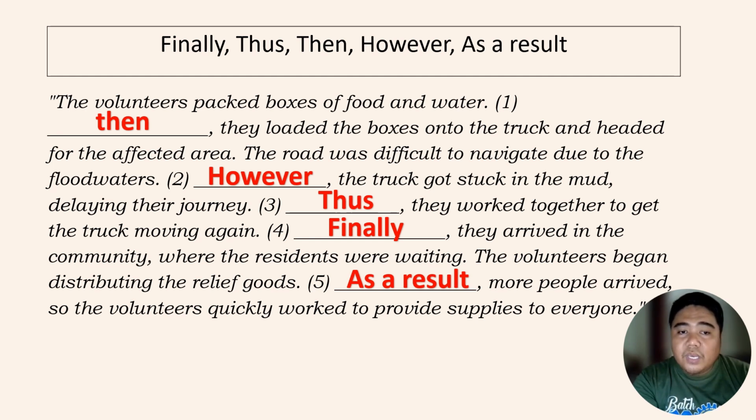Thus, they worked together to get the truck moving again. Finally, they arrived in the community where the residents were waiting. The volunteers began distributing the relief goods. As a result, more people arrived, so the volunteers quickly worked to provide supplies to everyone.